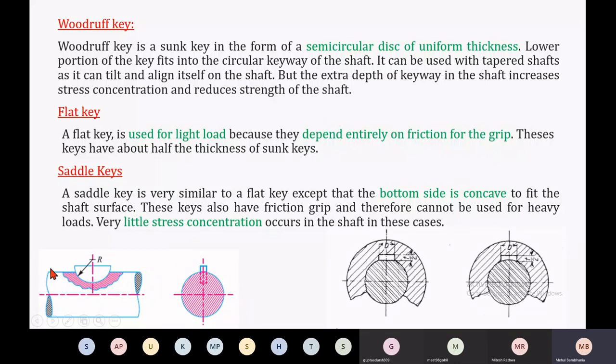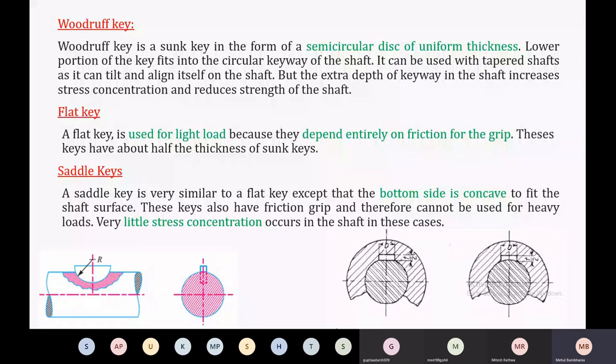In that taper we can provide the keyways, and in those keyways this Woodruff key can slip inside the semicircular passage. The cross section of the semicircular Woodruff key is like this, with a certain amount of thickness. Because of the semicircular shape, it can tilt and align itself during operation. So this is the key called a Woodruff key.